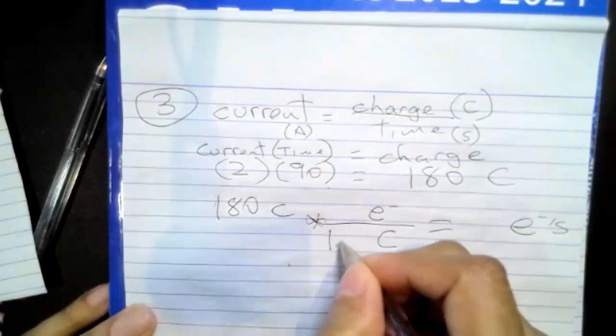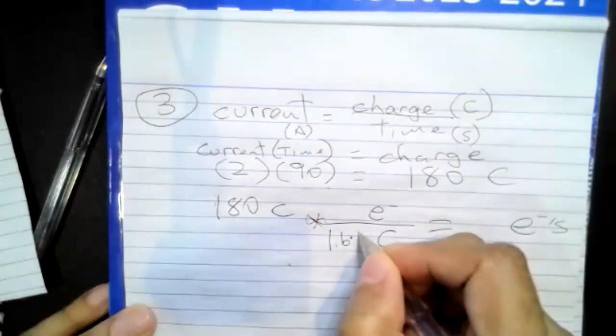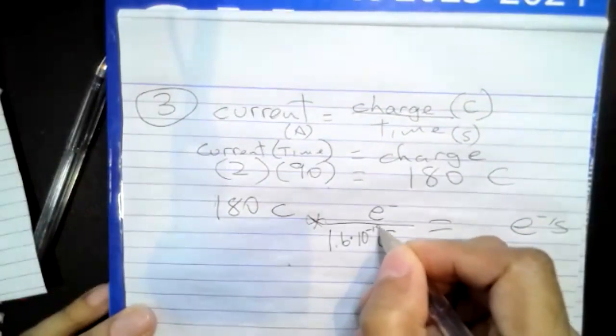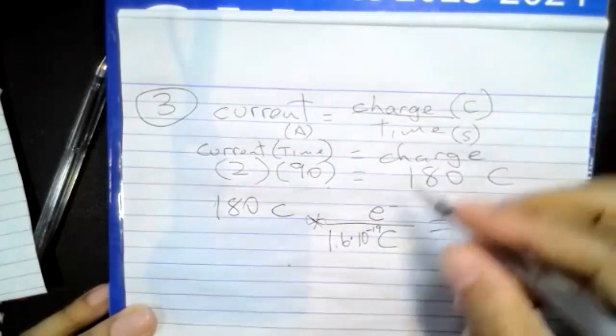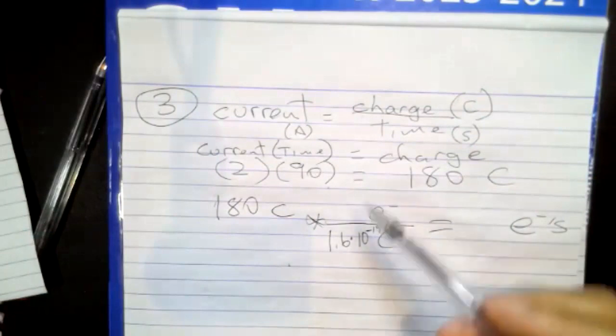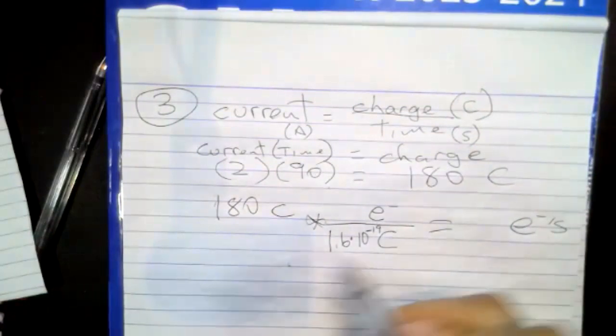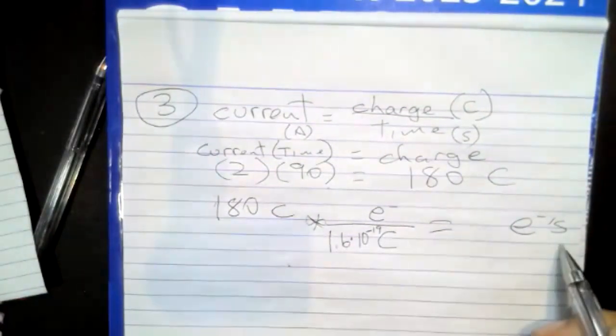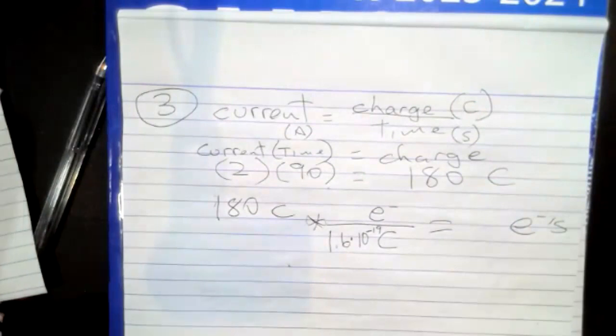It's 1.6 times 10 to the minus 19 coulombs per electron. So this way I can cancel the coulombs, end up with electrons. That's the dimensional analysis. That's what I was saying about before. Even if you don't understand the basic concepts that are involved here, as long as you can follow the units, then you can solve the problem.